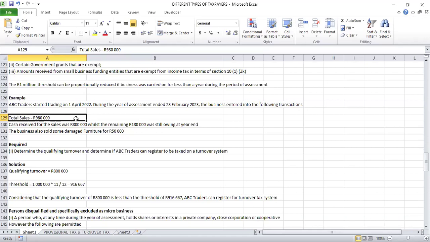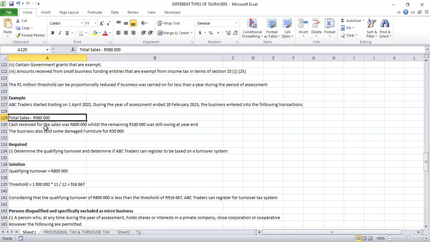So if there are any credit sales for which the company did not receive the amounts, those credit sales should not be included in qualifying turnover. So when you are looking at a micro business, if you are told that these were the sales, before you conclude that they are part of the qualifying turnover, check if they are all cash sales.